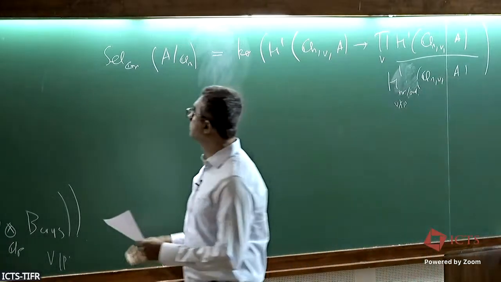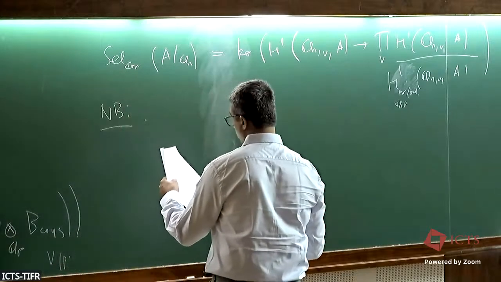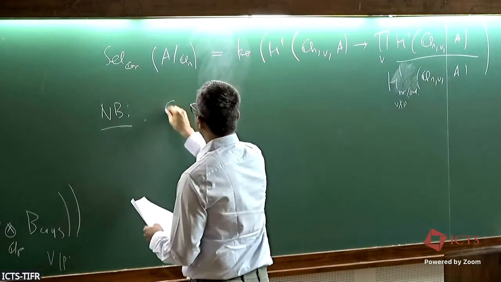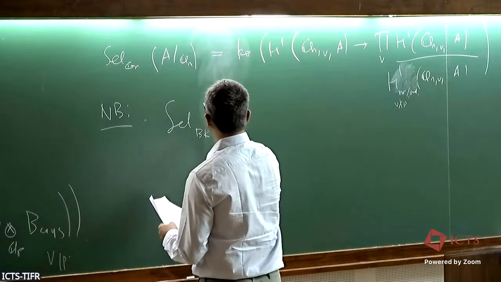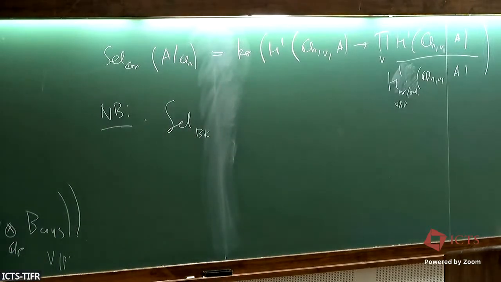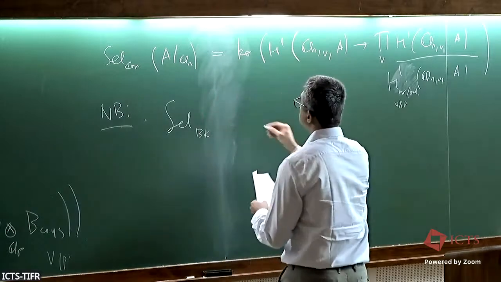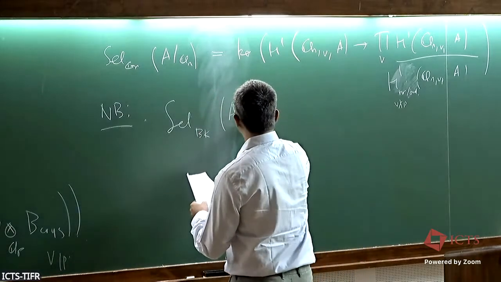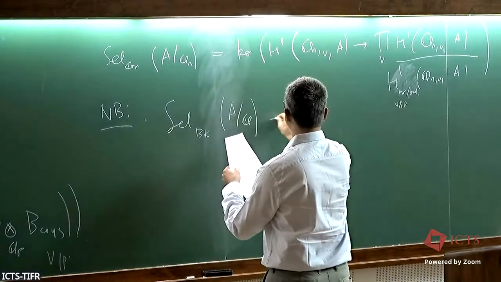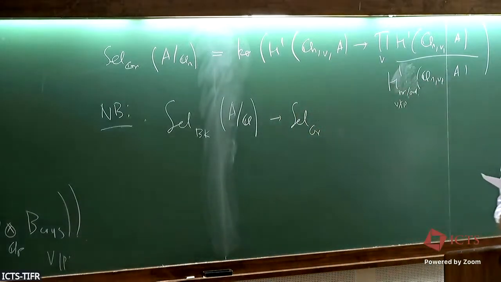And the important thing for us is that these two Selmer groups are related because these local conditions are related. It turns out that these local conditions are sitting in those local conditions with finite index. So you get an exact sequence. Yes, here there's an ordinary condition.